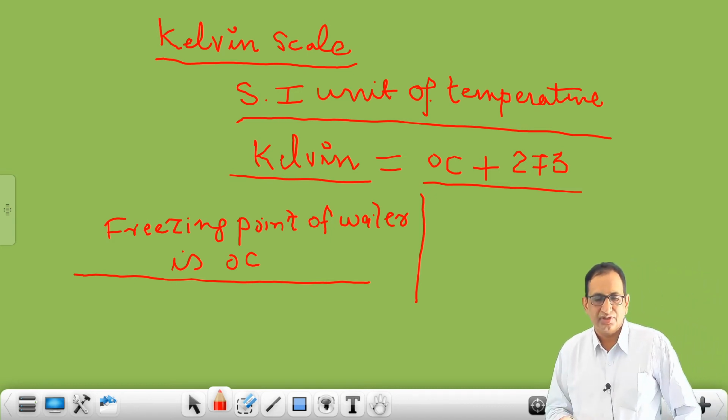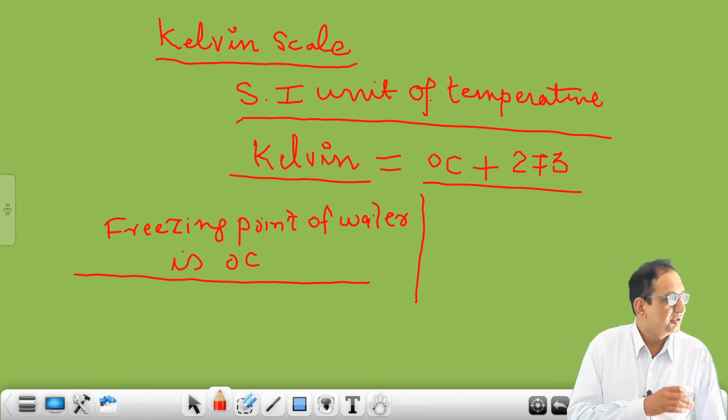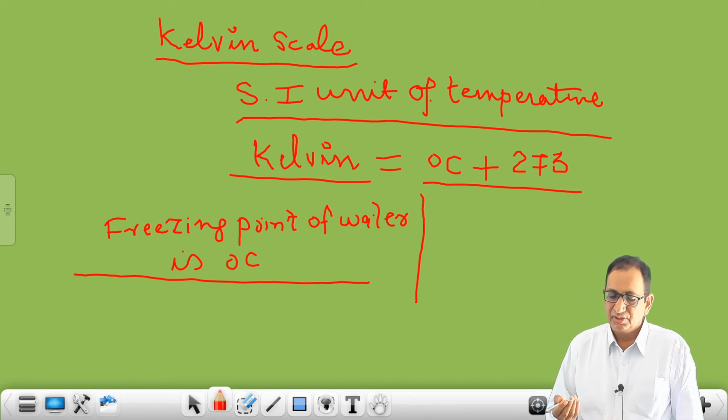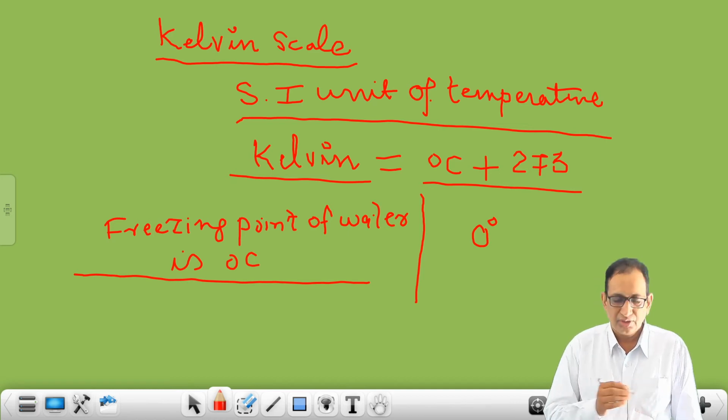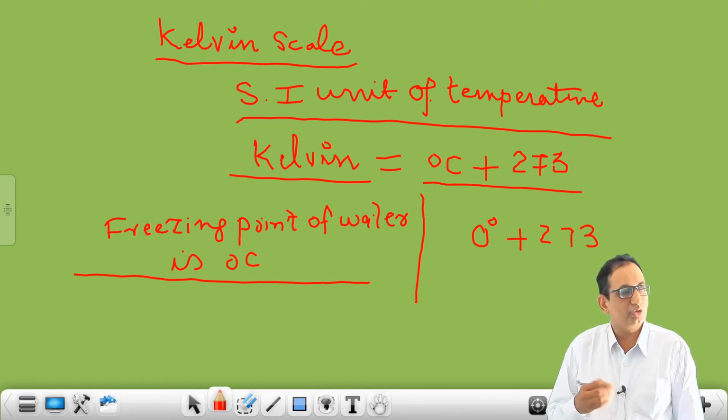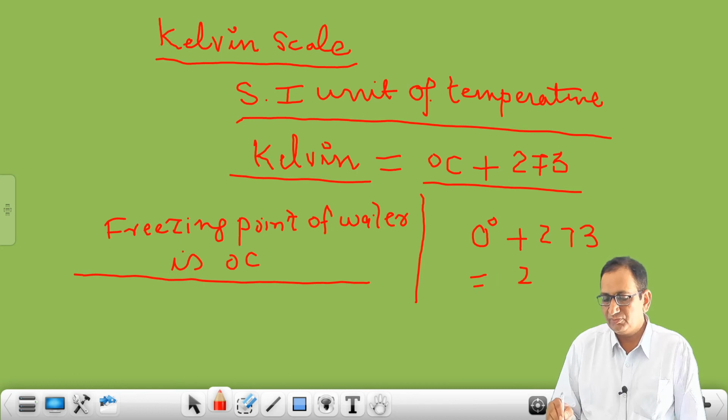How will you say this same thing in the Kelvin scale? It's very simple, students. In Kelvin scale, you have to write 0 degree because the temperature is 0 degree, and simply add 273 and you will get your quick answer, and that will come 273 Kelvin.